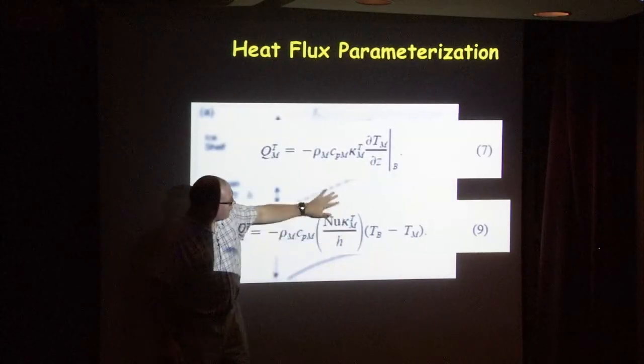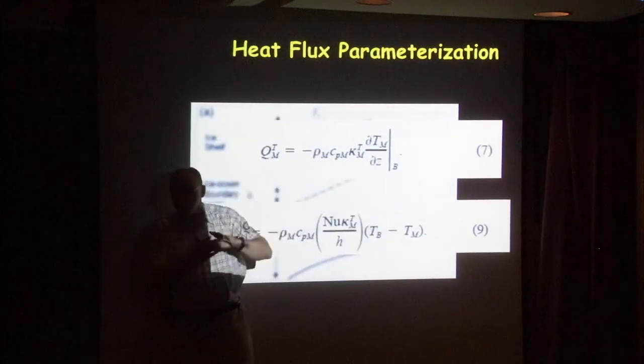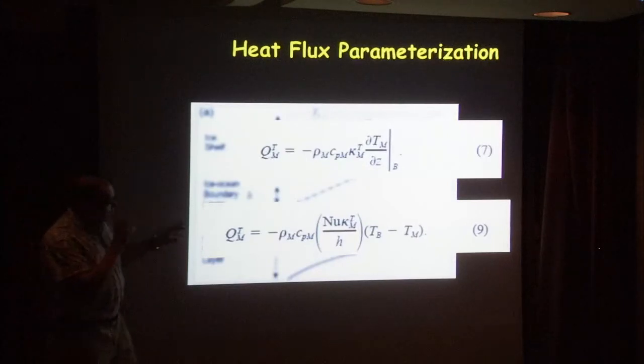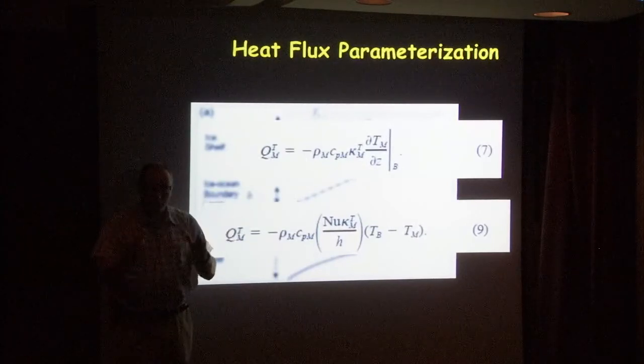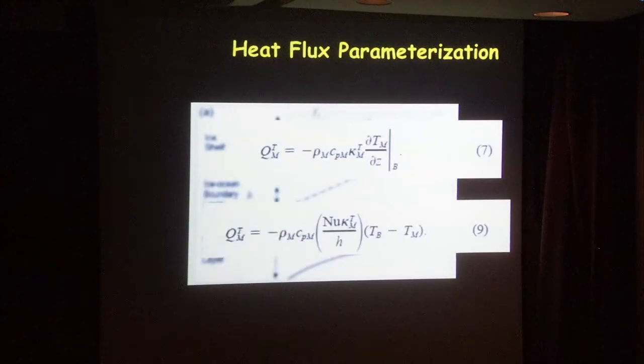What about if I got the temperature difference between the base and the mixed layer? So this broad temperature gradient over the scale of 10 meters instead of 5 millimeters. And then those of you familiar with that, there's a parameter, which is the ratio between the temperature in the molecular sublayer to the temperature gradient in the big boundary layer, the Nusselt number. That doesn't help you. That's just, again, a parameter.